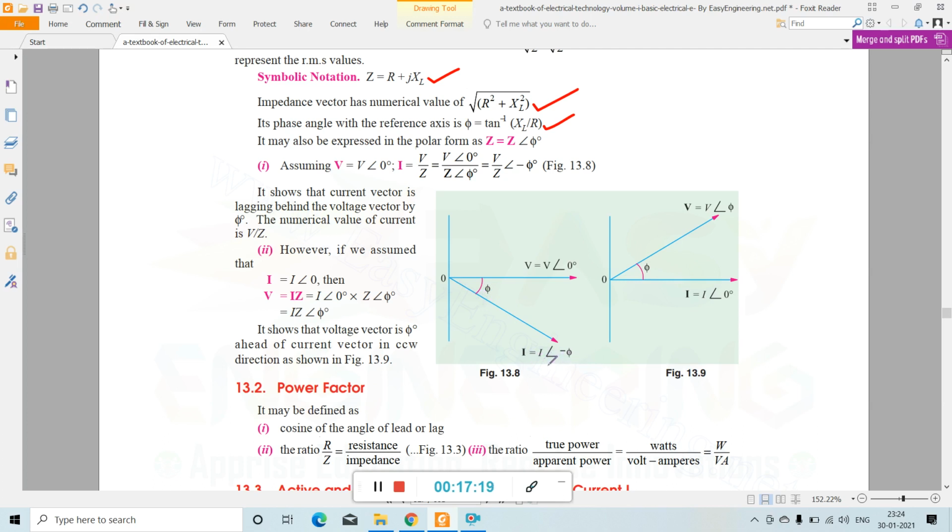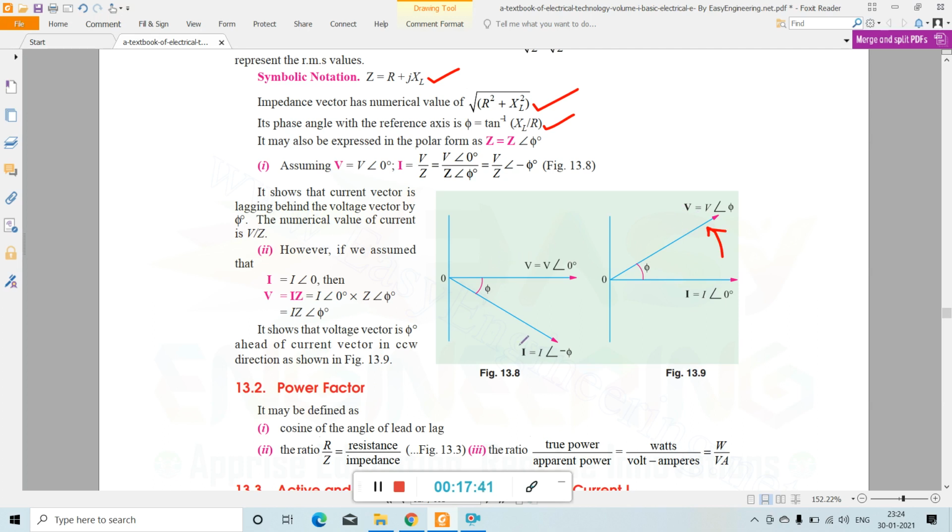These are the voltage vector representations. It shows that the voltage vector is phi degrees ahead of the current vector in the counterclockwise direction.